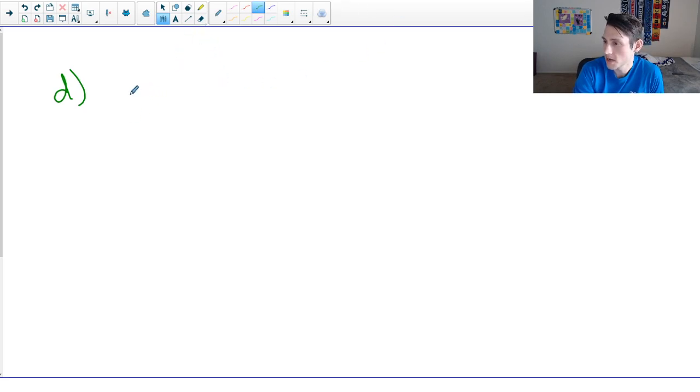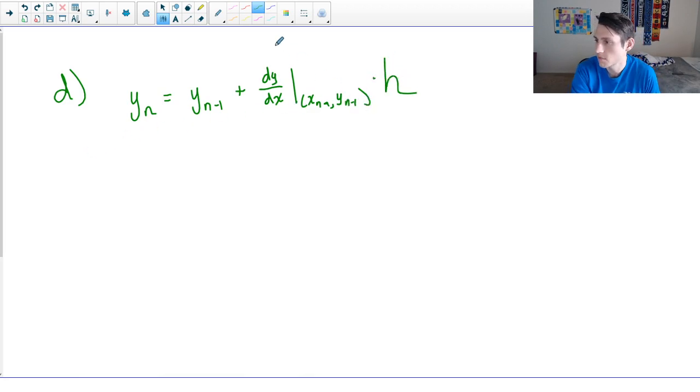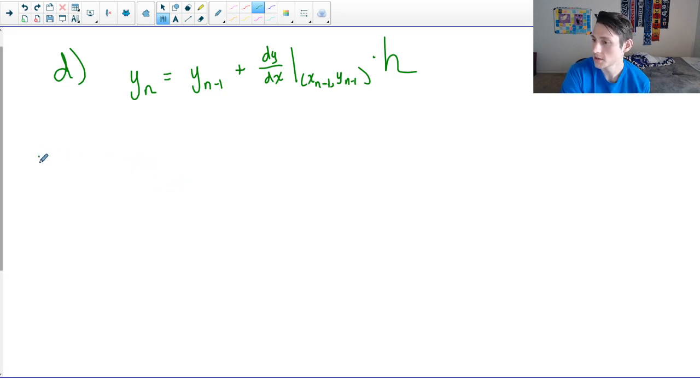Right, so reminder about Euler's method, right, that formula that we have. y_n equals y_(n-1) plus dy dx evaluated at x_(n-1), y_(n-1) times h, the step value. Whenever you're doing Euler's method, I would highly recommend always just making yourself a little table: n, x, y.